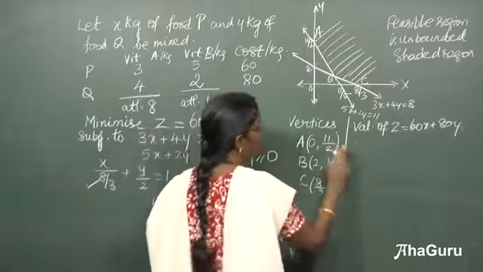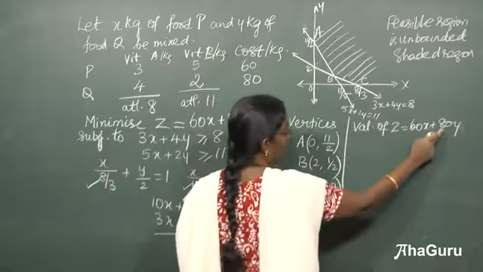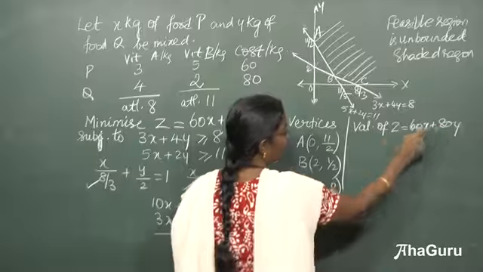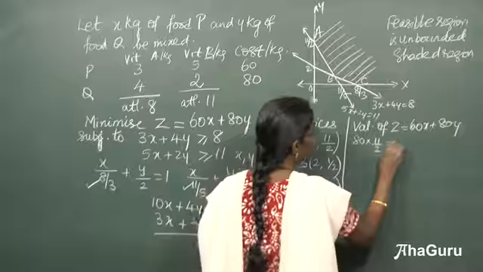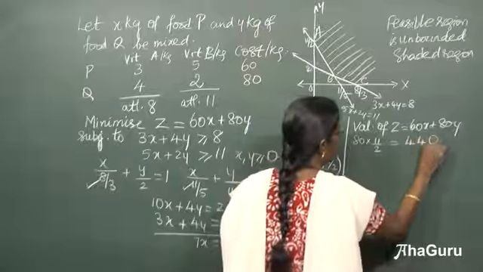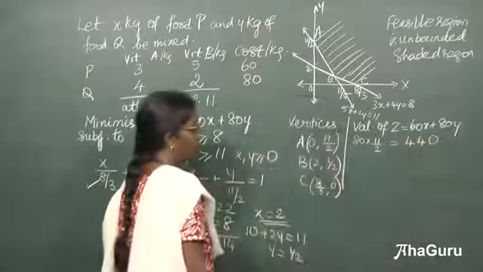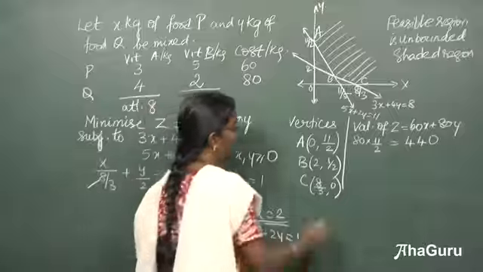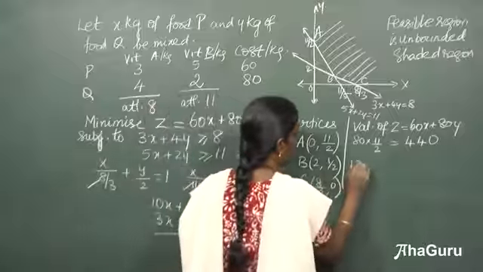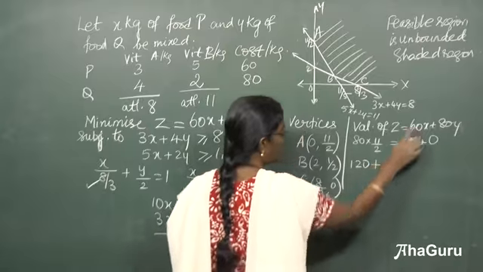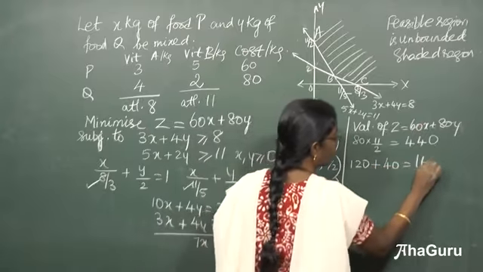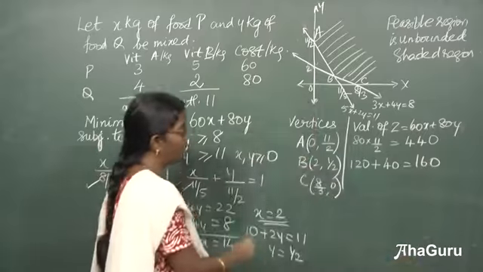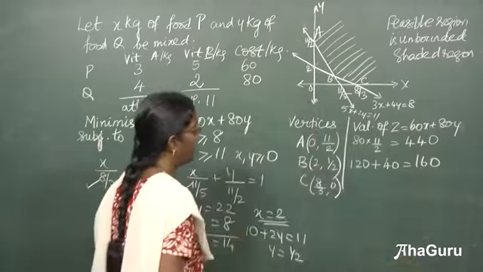Now the value for Z, if I substitute here, it's going to be 80 into 11 by 2, which will be equal to 440, right? The second one will be 120 plus 80 by 2, that will be 40, so this value will be equal to 160, right?